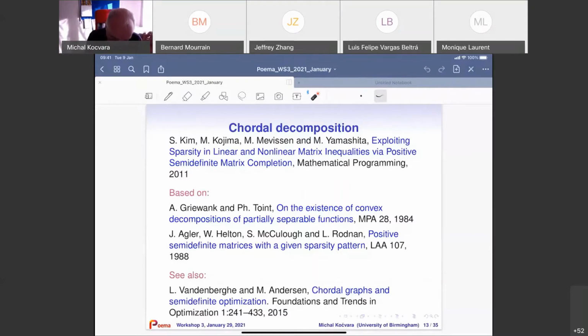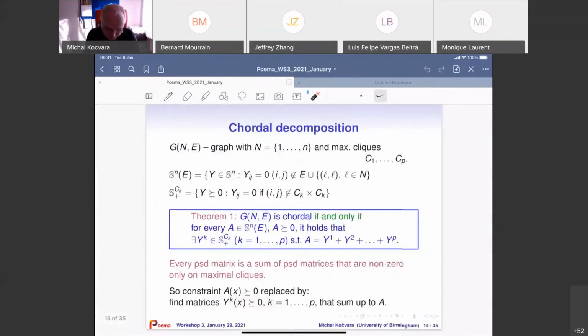So what is this theorem saying? We assume that we have a graph, we know its maximal cliques, and it's a graph which is a sparsity graph of a certain matrix.